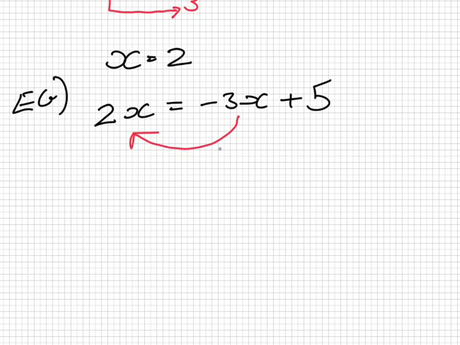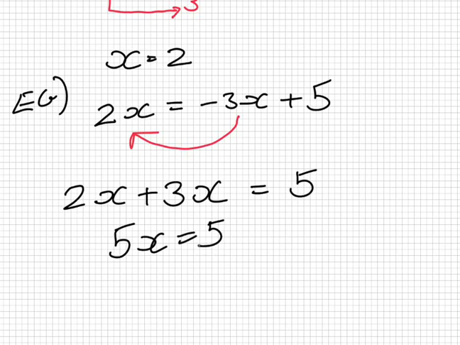So when the minus 3x comes to the left, it becomes plus. And then the 5 stays on the right. So we got 5x equals 5. We divide again. We get x equals 1 then. Okay, so write that one down.